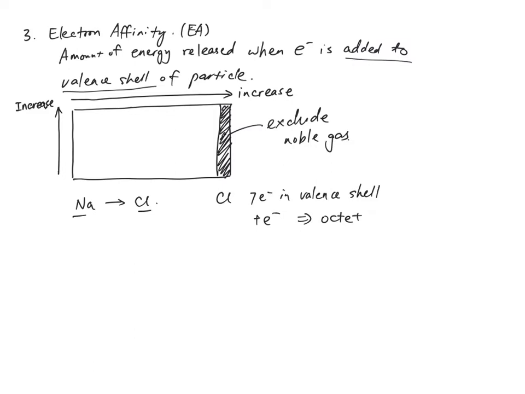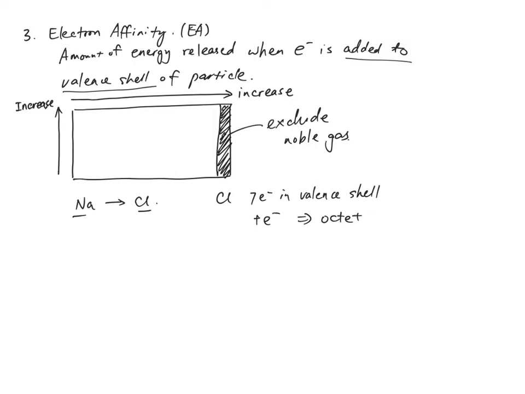Chlorine wants just 1 electron. Remember, this guy makes a -1 charged anion. If you decide to give it that 1 electron, think about how happy chlorine is. I'm going to have an octet, I'm going to look perfect.